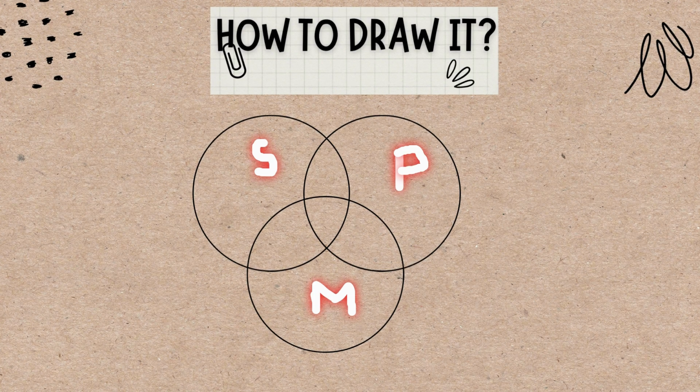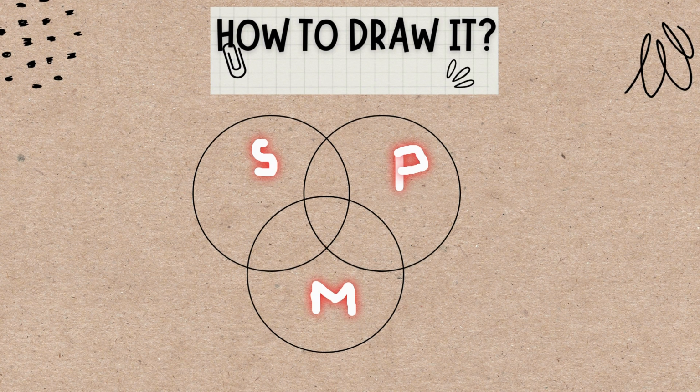This is the first rule, and that requires drawing three overlapping circles, since the two premises of a standard form syllogism contain three different terms: minor term, major term, and middle term, which we abbreviate as S, P, and M respectively. Third, we label these three circles S, P, and M in the standard form order.